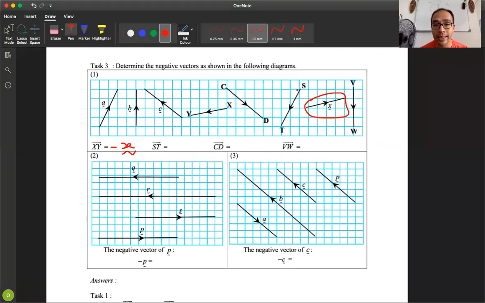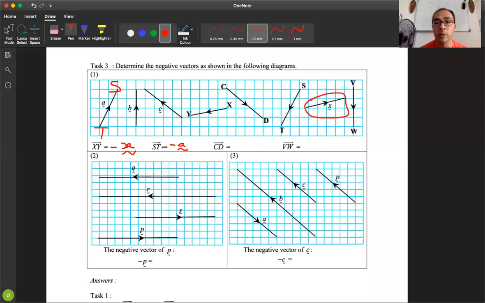Likewise, look at vector ST, from S to T. Look at the direction over here, and we find that this line is the same as this line. But since the direction is different, and I want from point S to point T, if this is S and this is T, therefore I say that vector ST is negative vector A, because vector A is going upwards, I want downwards.